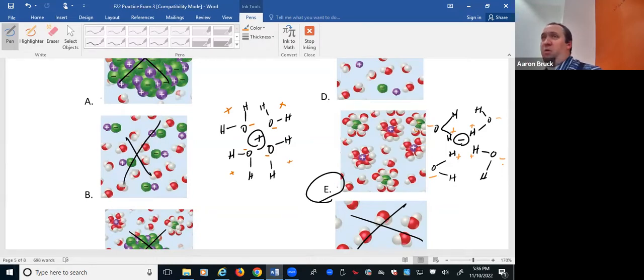Some of you just forgot what a cation was or an anion was and did the opposite. And some of you knew that water was involved, but you just put it any which way that you thought it fit. So I saw a number of pictures where there were oxygens and hydrogens both attracted to the same ion. And that just doesn't work. So letter E is your correct answer here.